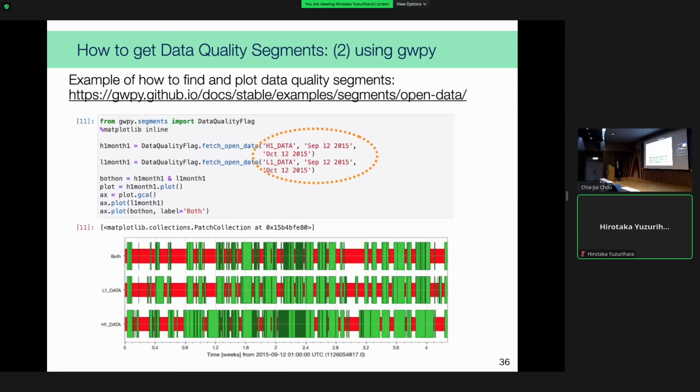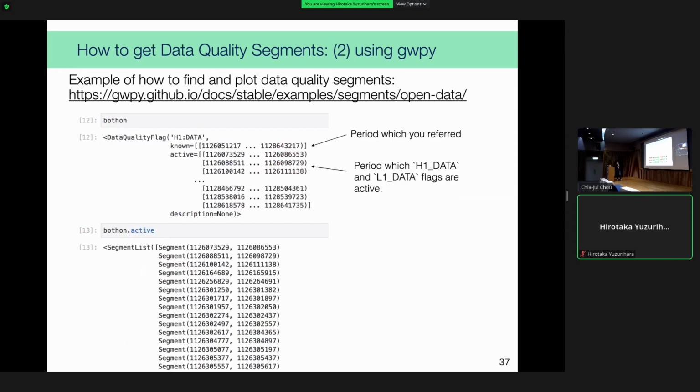This was just a plotted segment bar, so we cannot obtain the concrete values. But if you run this code and print out this data quality flag, the concrete values will be shown.